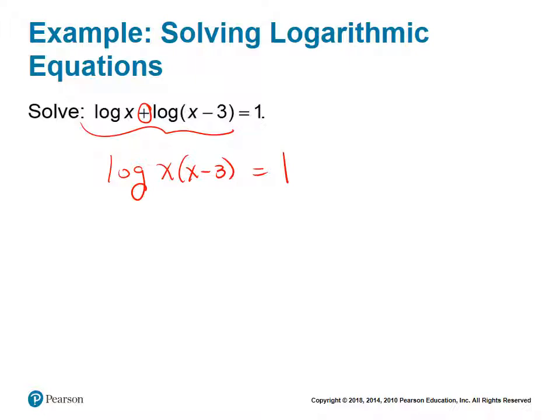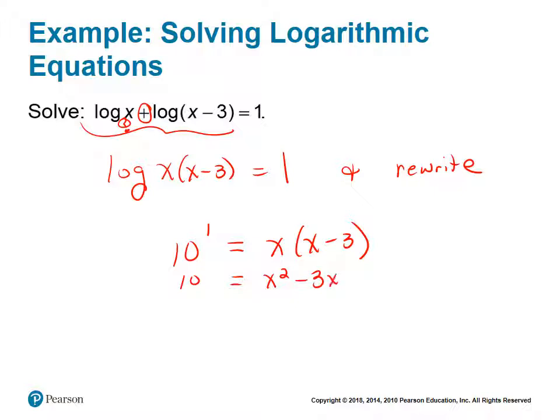Now if I rewrite this in exponent form, the base is 10. It's an understood 10 because there was no base number given there. That is a common log. So it's 10 exponent 1 equals x times x minus 3. And we'll solve. So I have 10 equals x squared minus 3x.